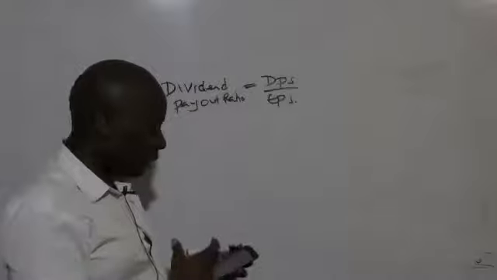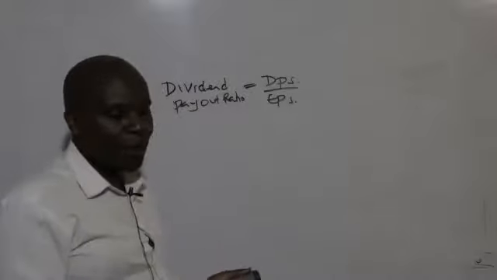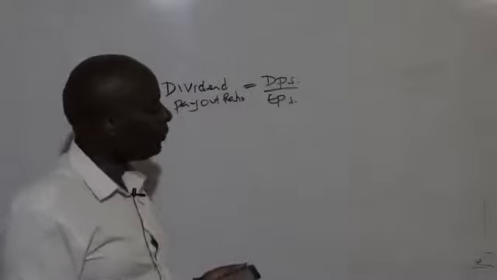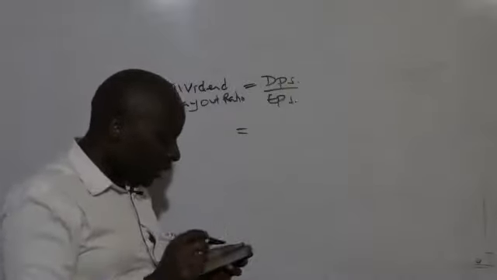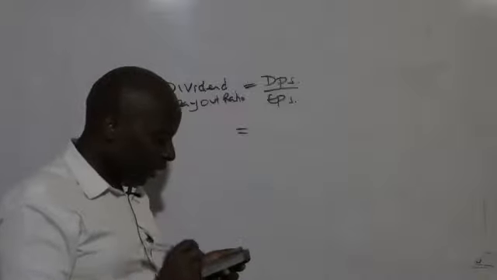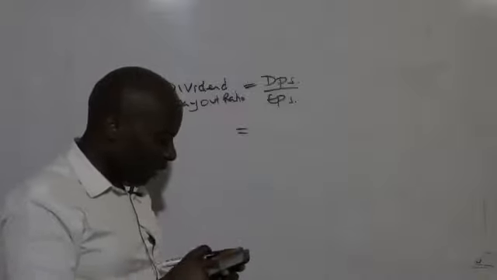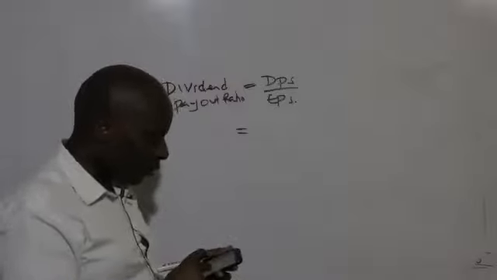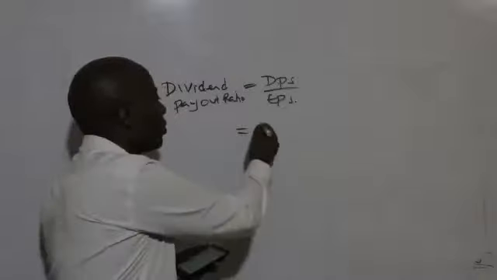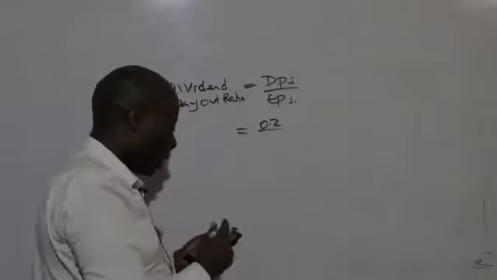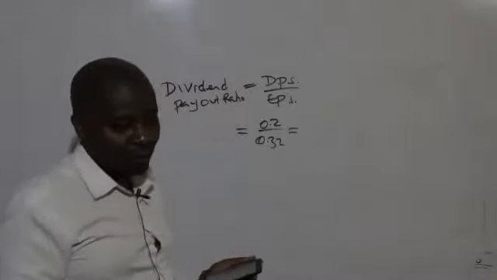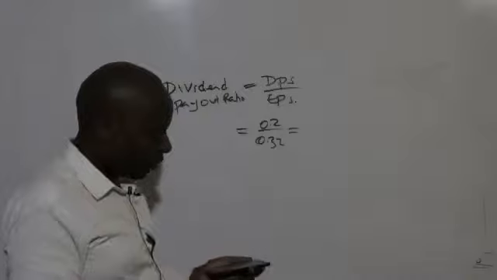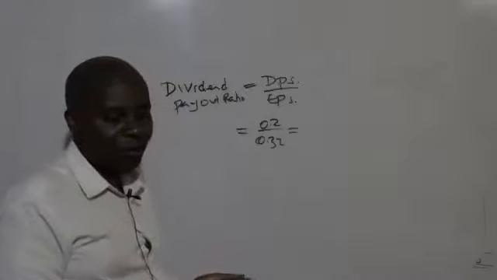So in example 6, the dividends which were paid were 0.2, all over the total earnings, in this case here, which are 0.32. So will you give me this in form of decimal? Somebody help me out. 0.2 divided by 0.32 will give me what figure? Somebody?